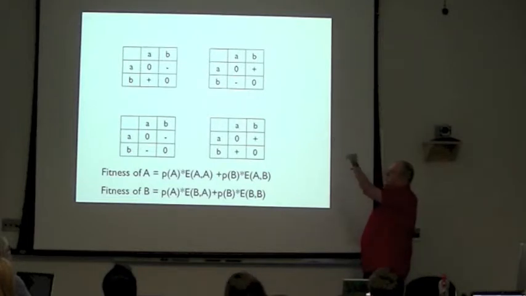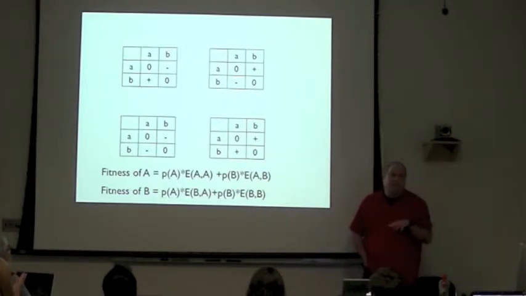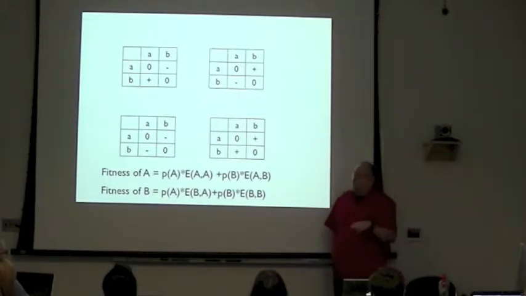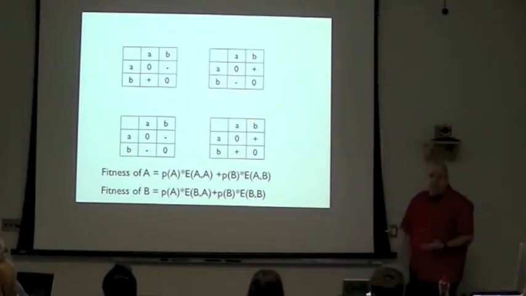Let's look at the top left one. If I'm an A player, the frequency of other A players doesn't affect me, because I get 0 from them. However, if there are lots and lots of B players, that's really bad for me, because I get a negative payoff from them. So the first row says we A players suffer when there are lots of B players. The second row says if I'm a B player and there are A players, I benefit from them, and I completely ignore B players.